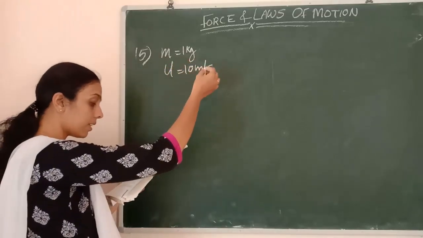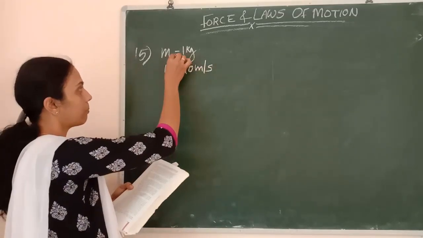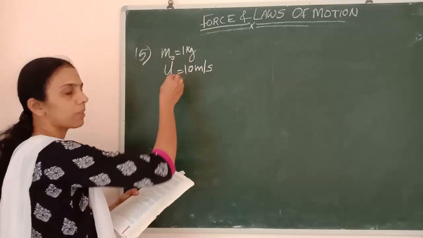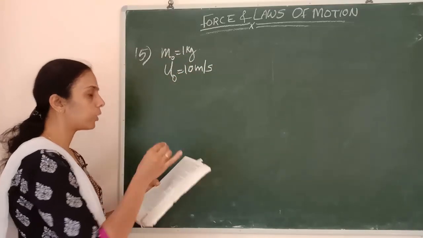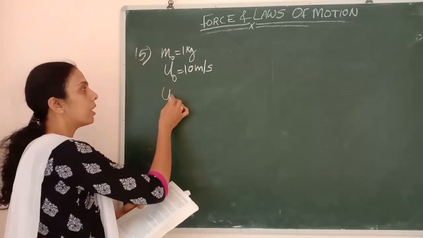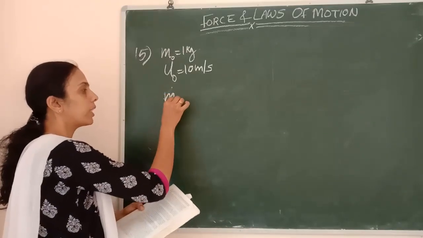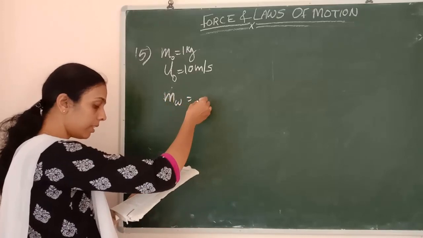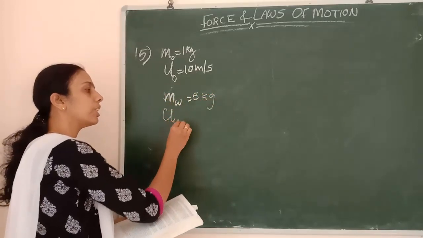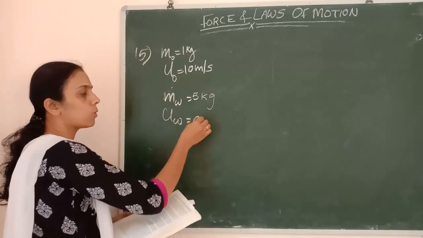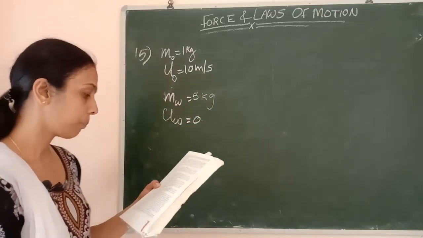So this is the mass of the object and the initial velocity of the object. It sticks to a stationary wooden block. The mass of the wooden block is 5 kilogram. It's stationary, so the initial velocity of the wooden block will also be equal to 0.